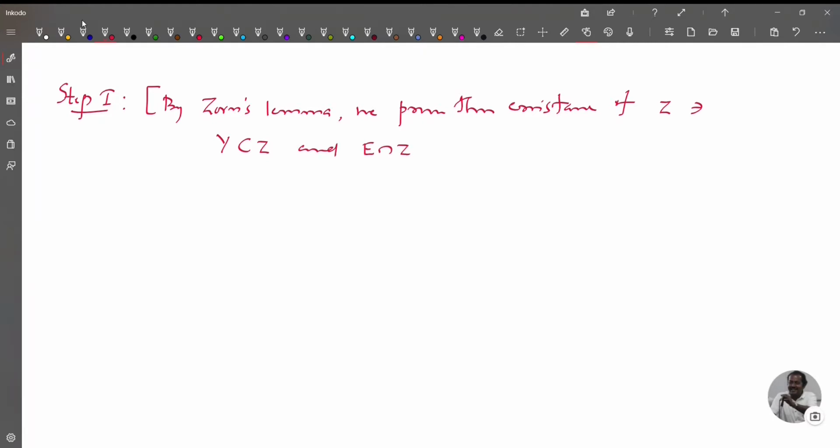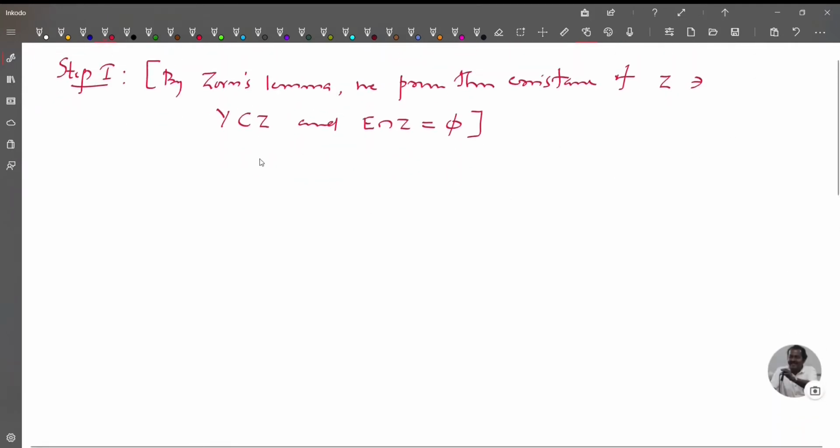That is the first step. So by Zorn's lemma, we prove the existence of Z such that Y is contained in Z and E intersection Z is equal to phi. So that is step 1.